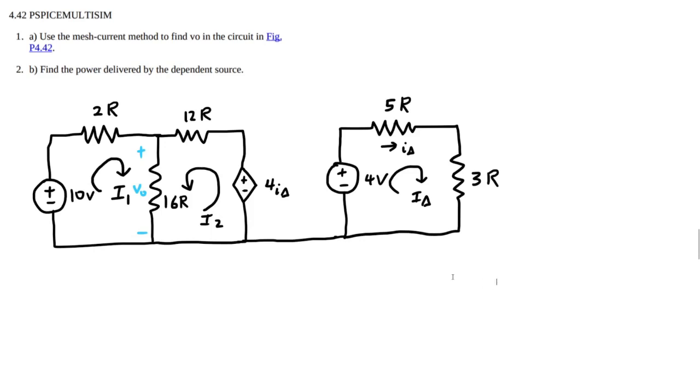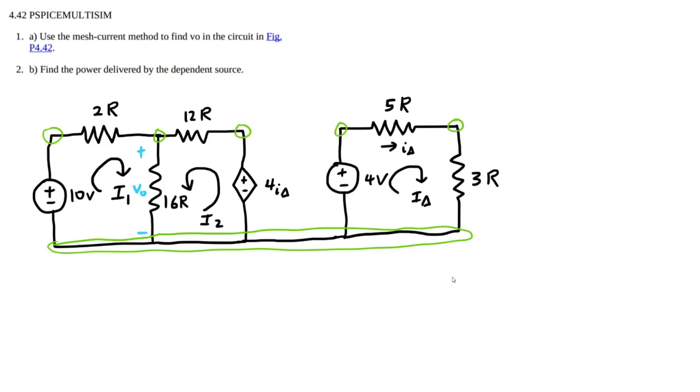Okay, so we're going to use mesh analysis once again to solve this circuit. Now, the one good thing about mesh analysis is you don't necessarily need a ground reference to get voltages in the circuit to make any physical sense, but I'm going to label these nodes anyway.